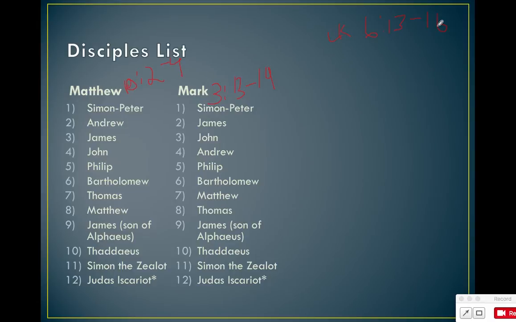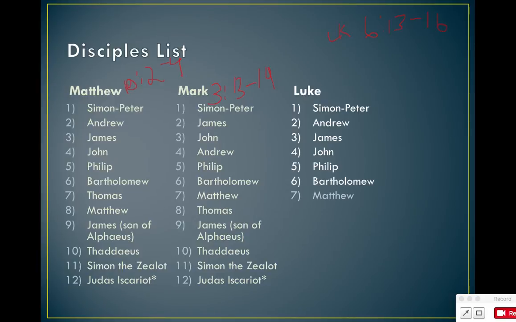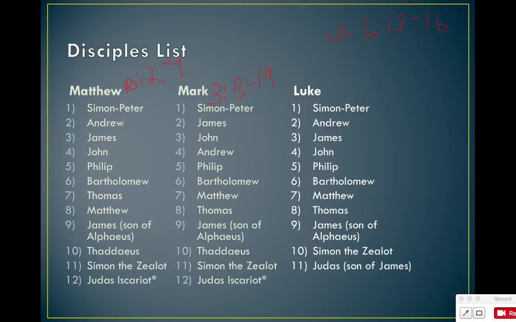Now, interesting, John does not have a listing of the 12 disciples. Only Matthew, Mark, and Luke do. And so I'm going to put Luke's list up here. We have Simon Peter, Andrew, James, John, Philip, Bartholomew, Matthew, Thomas, James, the son of Alphaeus, Simon the Zealot, Judas, the son of James, and Judas Iscariot.